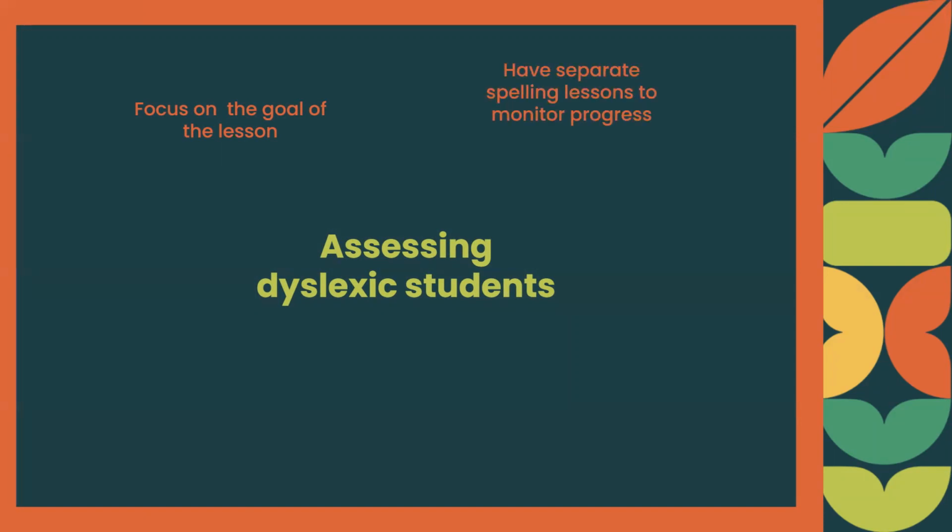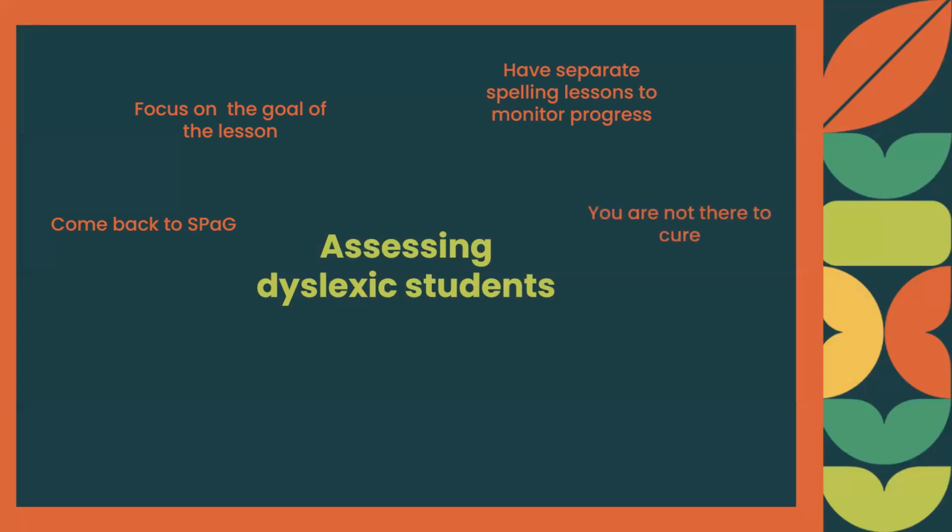So this is why I say have separate spelling lessons to monitor progress and come back to SPAG, because if you're constantly bringing dyslexic students up on misspelling words or using incorrect punctuation when that isn't the goal of the lesson, then they'll find that incredibly frustrating and then lose sight of what the whole session was about. So it's really important to stick to what the session goal is, and if they're doing that well, praise them, and then the spelling and the writing side, come back to that later.